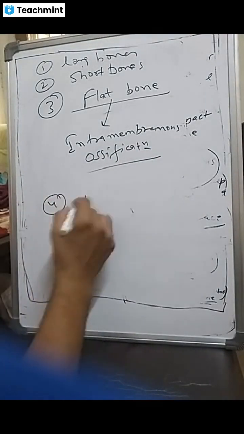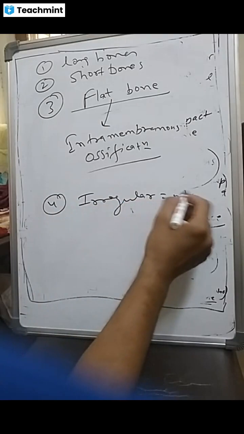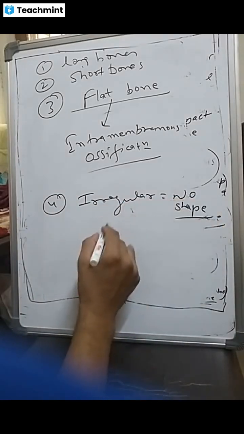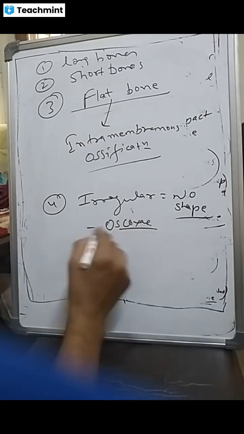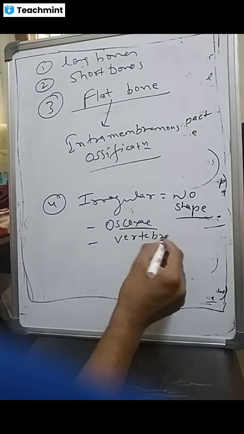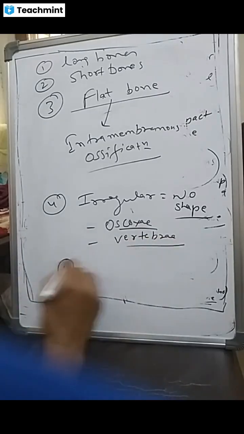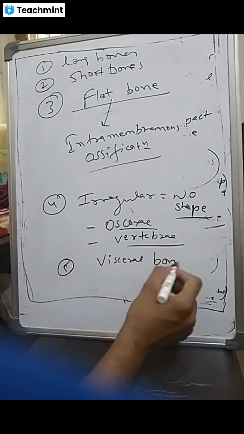Number four is the irregular bones. Irregular means they do not have any particular shape, like your os coxa and the vertebrae. Number five is the visceral bones.